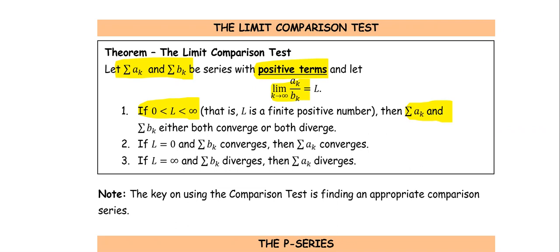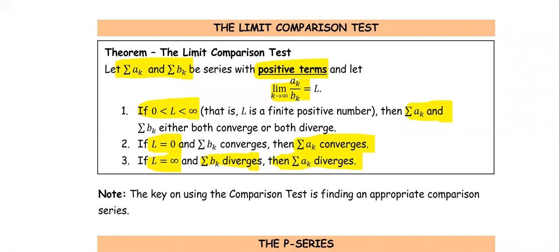Case 2: if the limit value L is 0, and the comparison series b_k converges, then the series a_k converges. The last case: if the limit value is infinity or doesn't exist, and the comparison series b_k diverges, then the series a_k diverges.